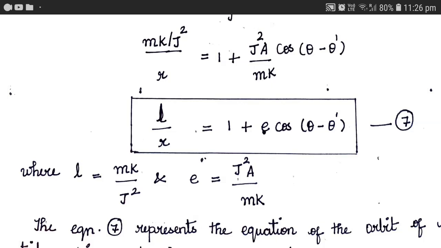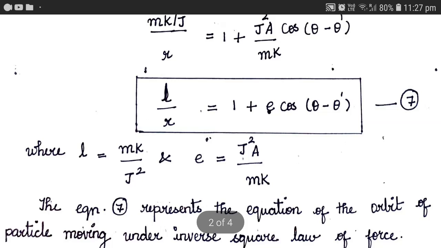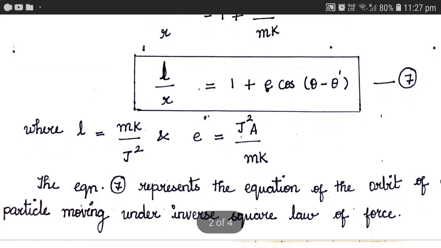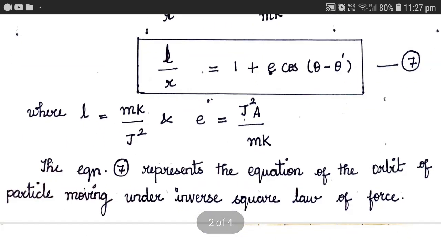So replacing these constants, we get L by r equal to 1 plus E cos theta minus theta prime, which we write as equation number 7, where the constant L is equal to mk by j square and E replaces j square a by mk.